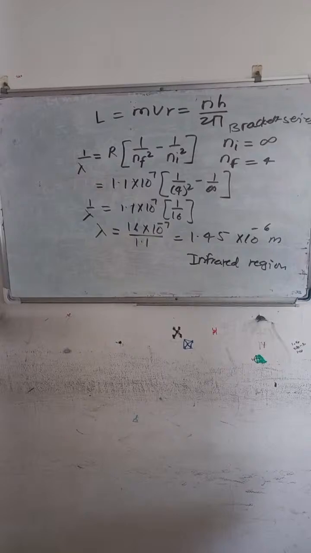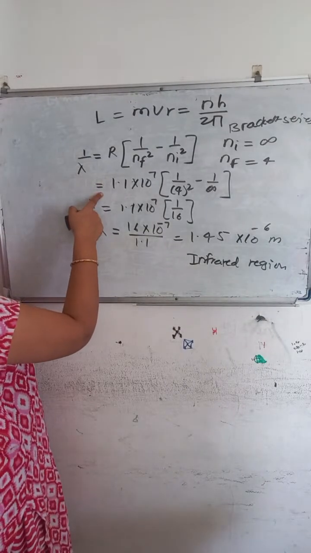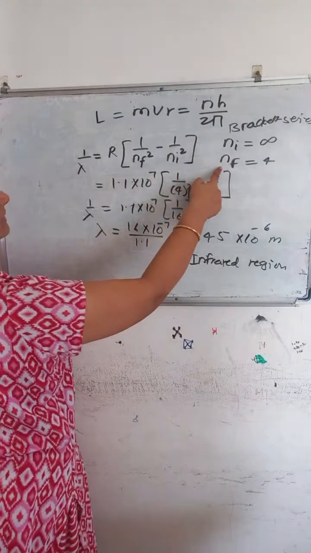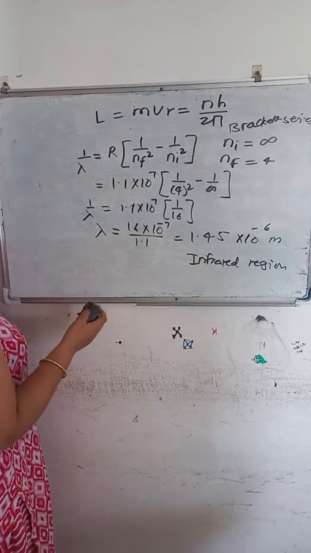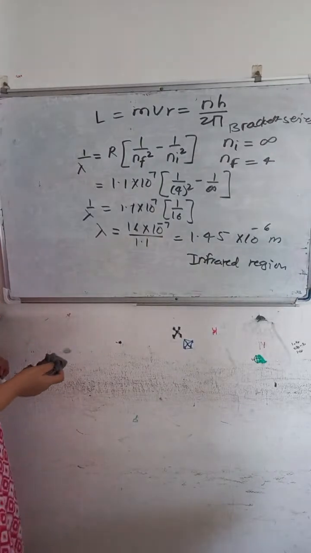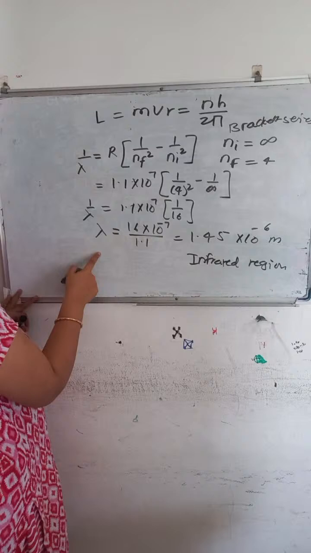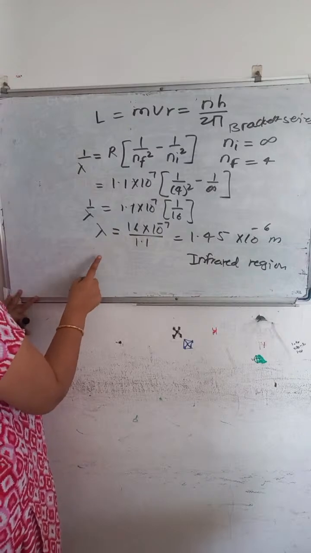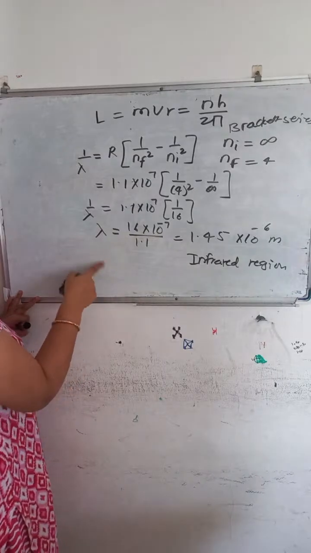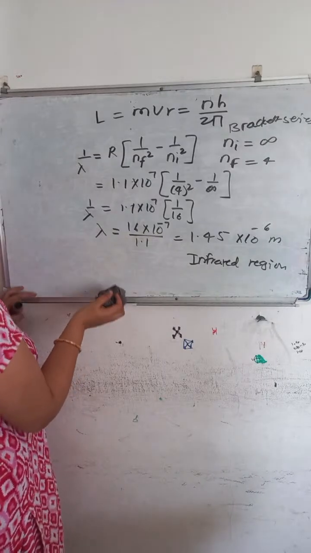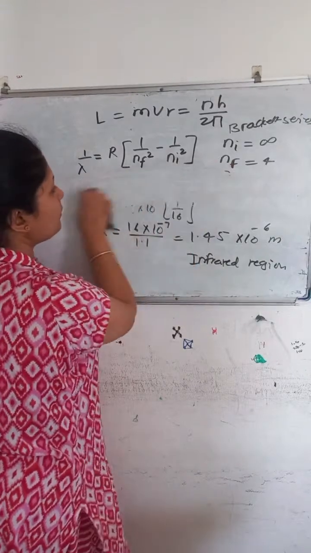Whenever this kind of question comes, you can use this formula, where nf is 4 and ni is 1. With that you will get lambda, then we have to calculate frequency. f is equal to c by lambda, make that modification and you will get the answer. We will solve by both ways.